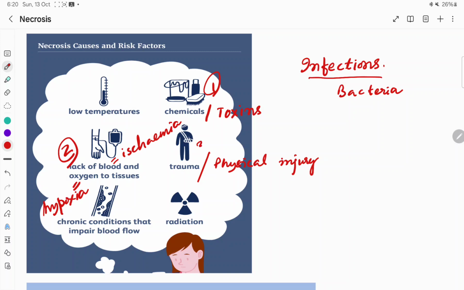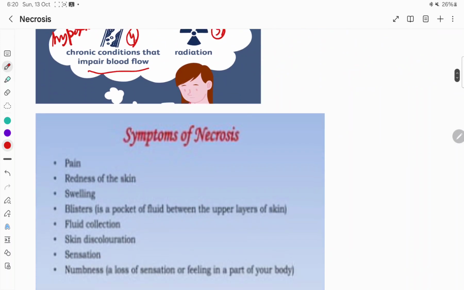Then trauma or any physical injury. Then the chronic conditions which can impair blood flow leading to ischemia. Number five, the radiations, conditions like low temperature, and one of the important reasons, infections, mostly bacterial infections. So these are the causes and risk factors.